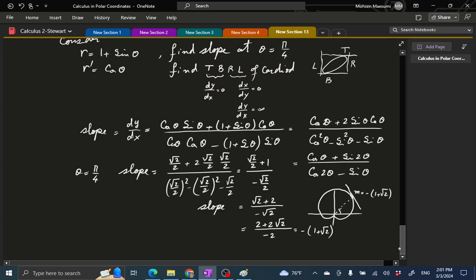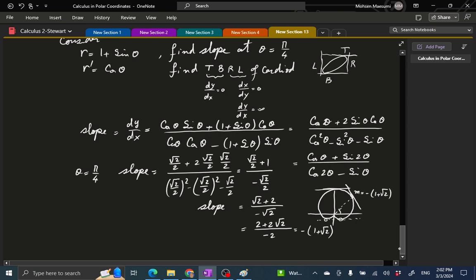Now, what are the high and low and left and right points? Of course this high point is right here, so we better recover theta equal to pi over 2 or x equal to 0. Bottom, more interesting though. There are two bottom points, these two.